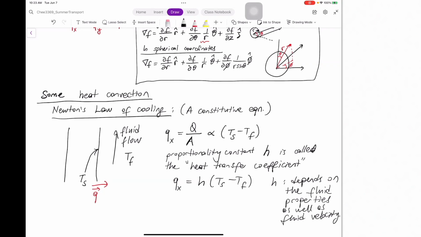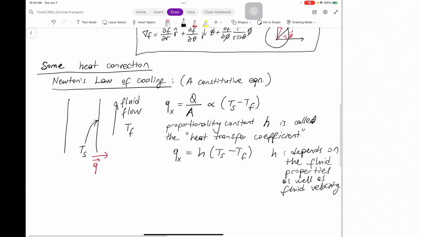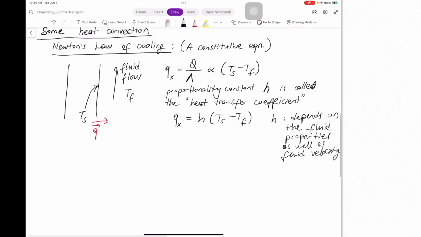Okay. Later we're going to have a better understanding of how h behaves or how h can be calculated for different systems. But let's take it just as granted. This h is given, let's assume. And you can actually find it experimentally if you measure the amount of heat flux and the temperature differences. Then you can calculate h for a particular system.